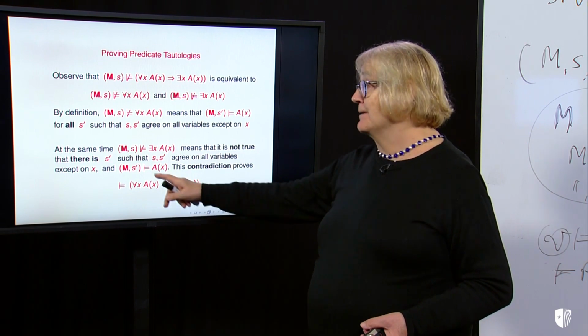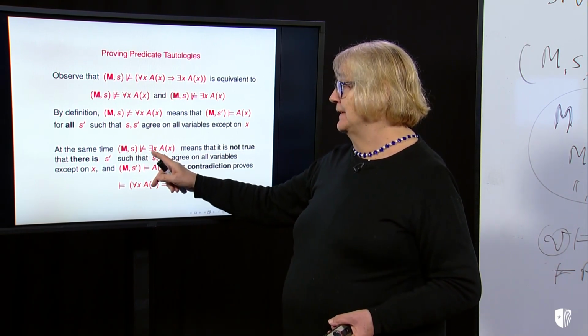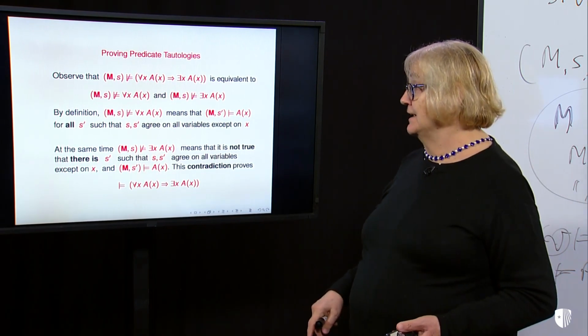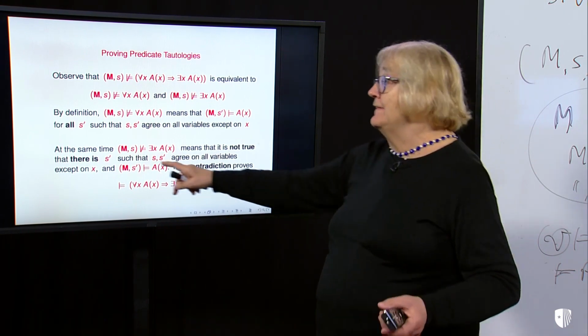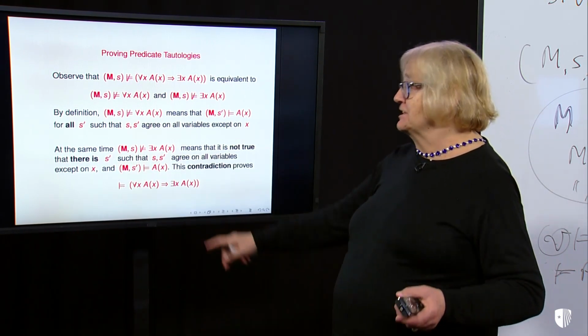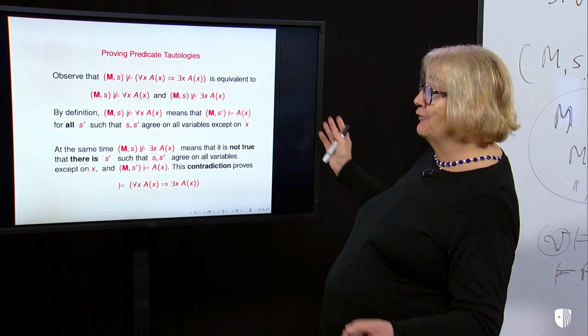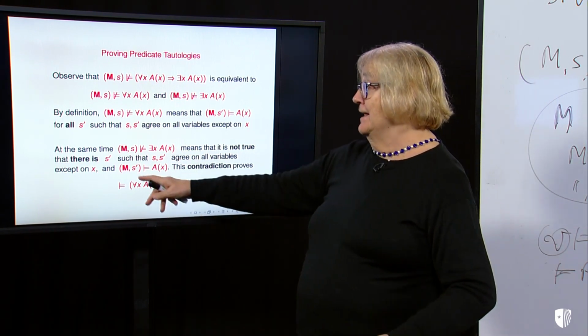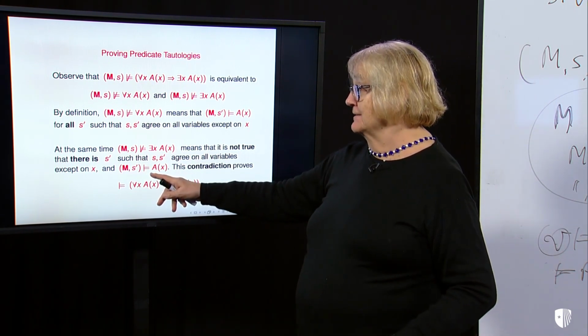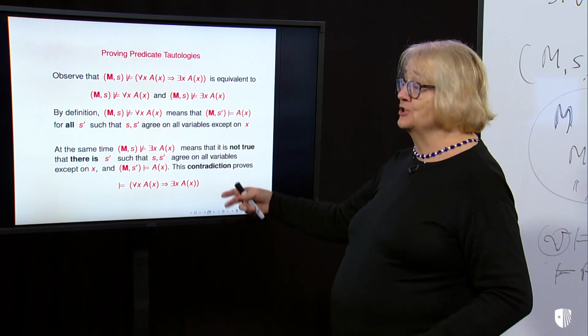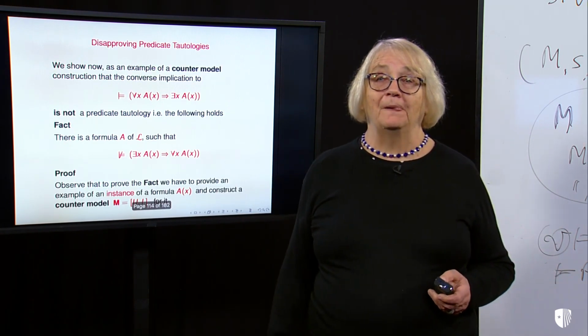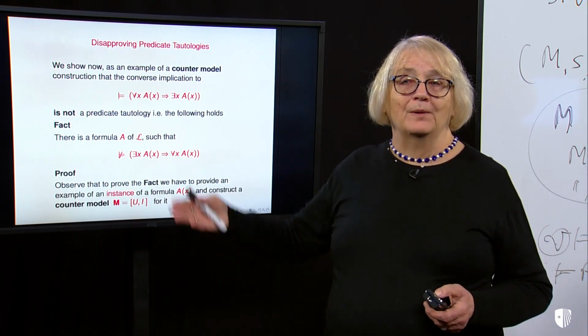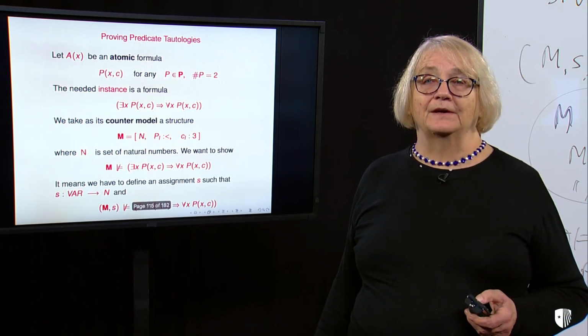At the same time, M, S does not satisfy there exists x A(x) means that it's not true that there is an S prime agreeing on all variables except x such that M, S prime satisfies A(x). That is a contradiction, and we get the proof. And then you can keep going, nicely proving different tautologies.